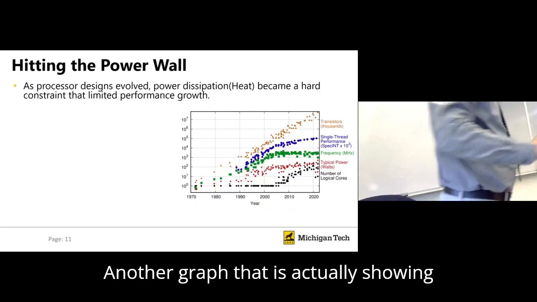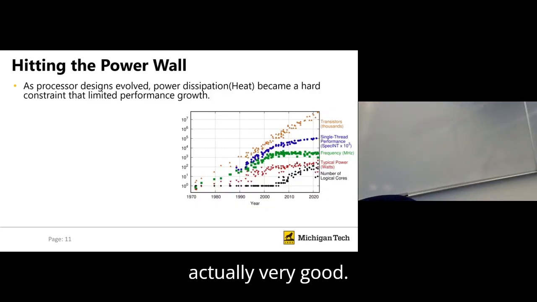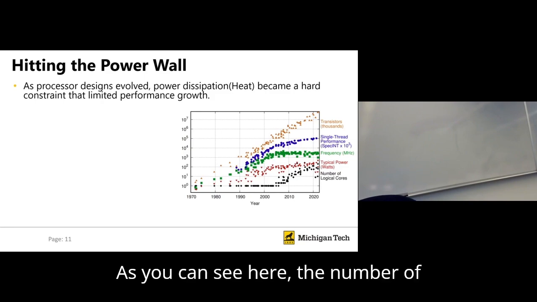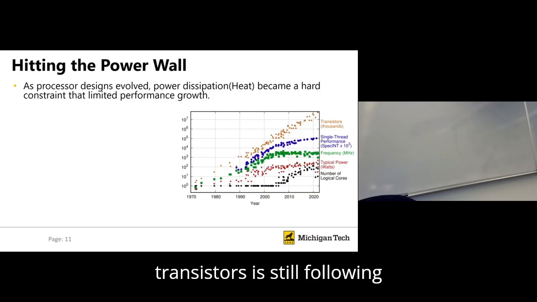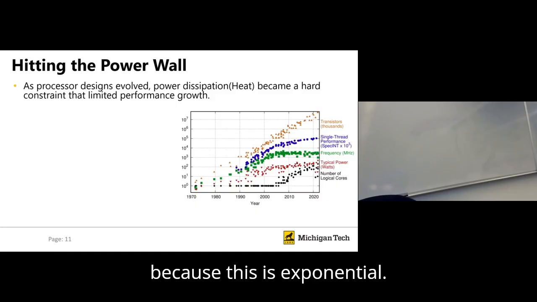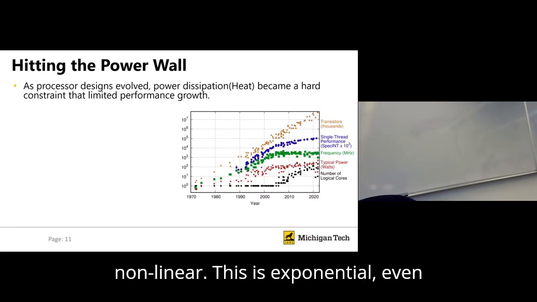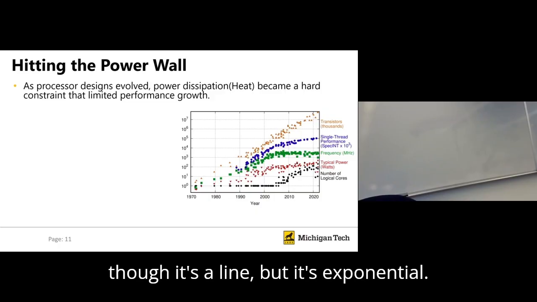Another graph that shows this trend is very nice. As you can see here, the number of transistors is still following Moore's law, all the way to 2020. As you can see, this is still growing. Maybe you say, oh, this is linear. No, because this is exponential. Even though it looks like a line, it's exponential.